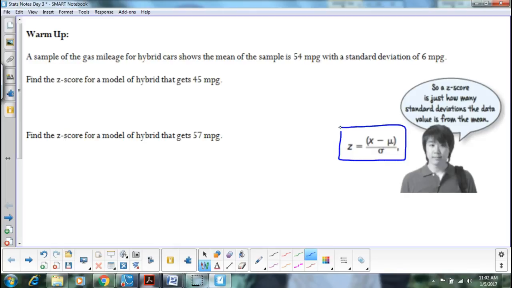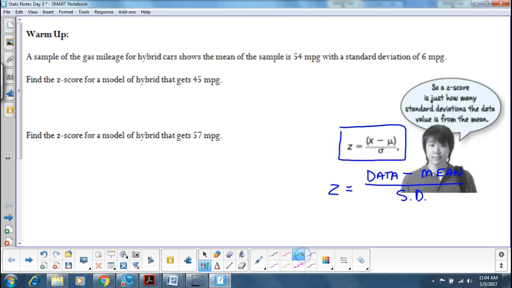So what that meant again was that your z-score is equal to your data point, whatever that data point is, minus the mean, all divided by the standard deviation. Okay? Knowing that, do the two warm-up problems, please.